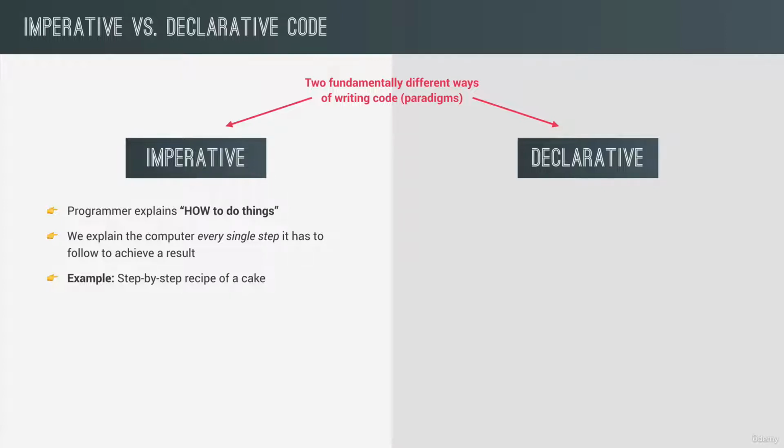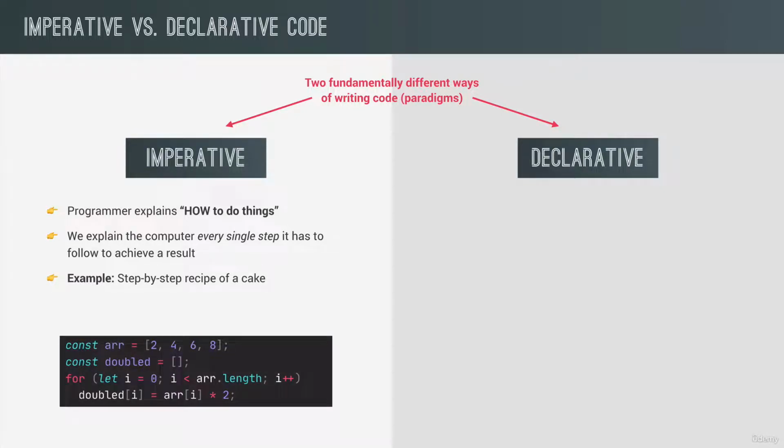All right? So again, it is telling every single step that the person has to follow in order to achieve a result. And now bringing that back into code, here in this code example, we are trying to double the array. And so this loop that I have here is a purely imperative way of writing that.